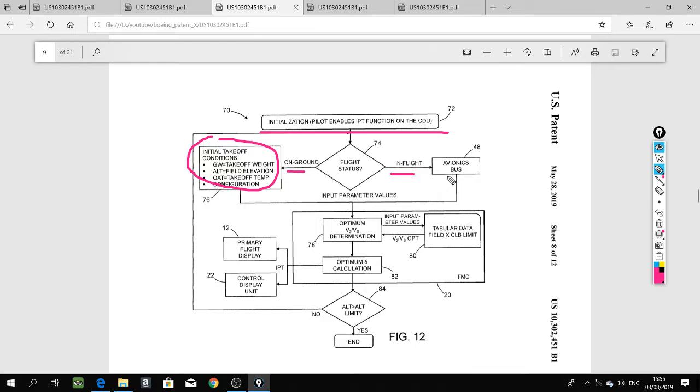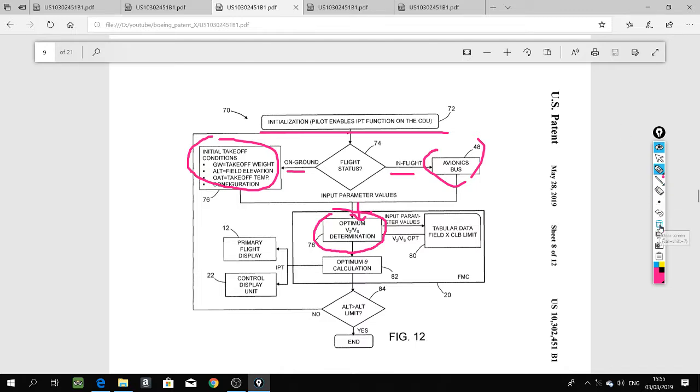And if it's in flight, then the data is taken from the avionics bus, and based on that, right, this is around V2 speed, around the time when the airplane is taking off, this in flight means, and based on that, continual determination of V2 is happening, or even this is before V2. So here continuous determination of V2 or VS ratio, the same graphs which I showed earlier, is happening all the time. It is continuously looking at how to determine the optimum V2 or VS, right?